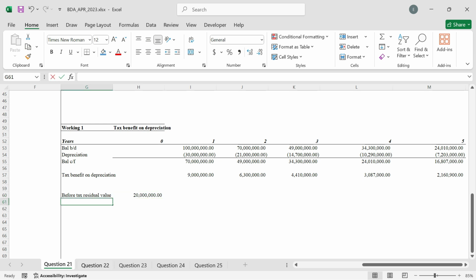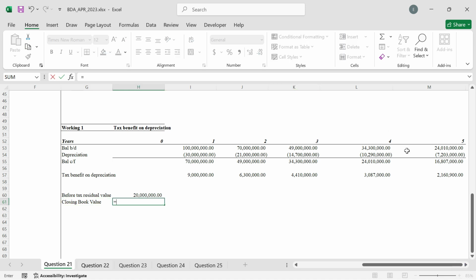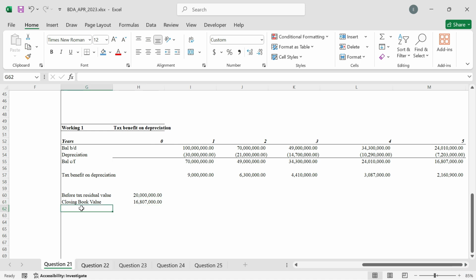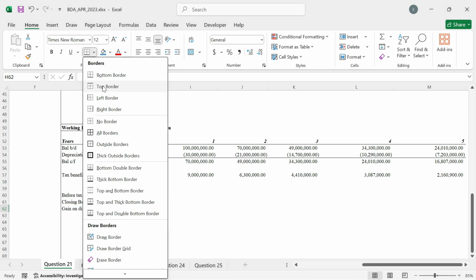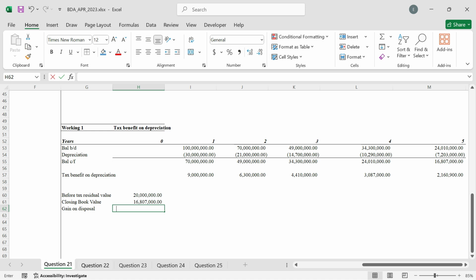Compare that with my closing book value, which I have just found as 16.8 million. This indicates that if I dispose, I'll have a gain on disposal of 20 minus 16.8.